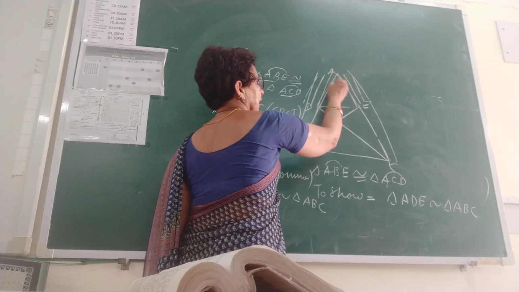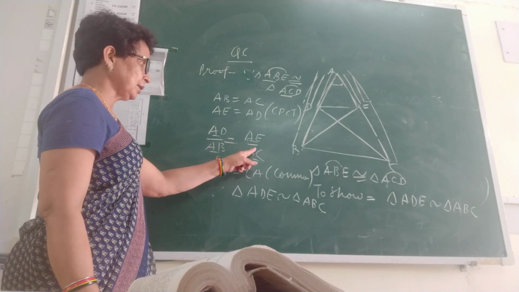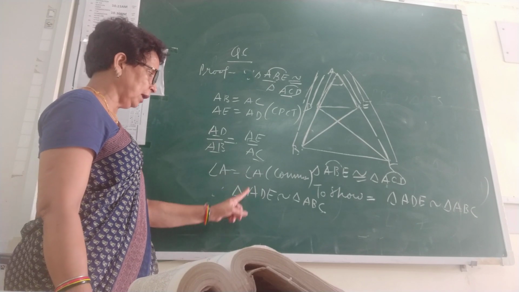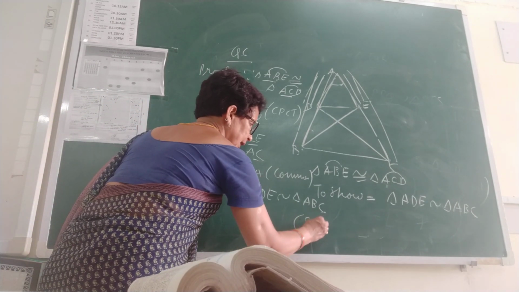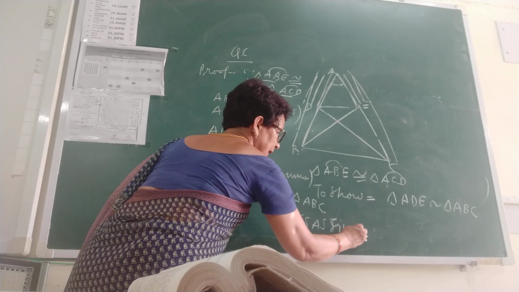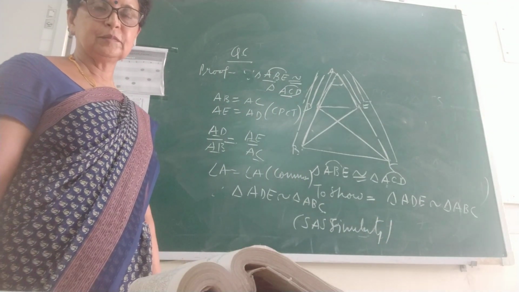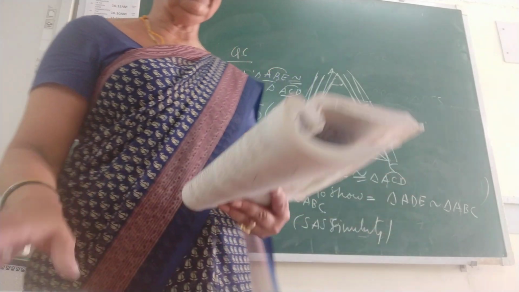And their included angle is equal. Therefore, corresponding sides are in proportion and included angle is equal. Therefore, the triangles will be similar by what? Again, SAS similar. Got it? Clear, children? Now, one more question I'll take.